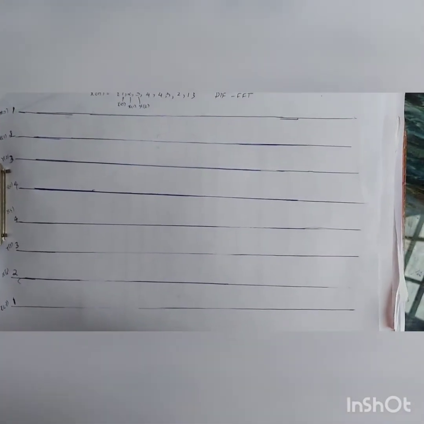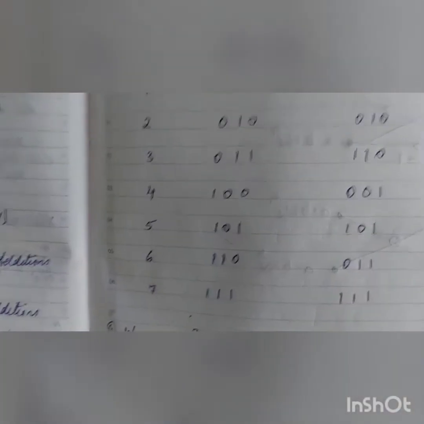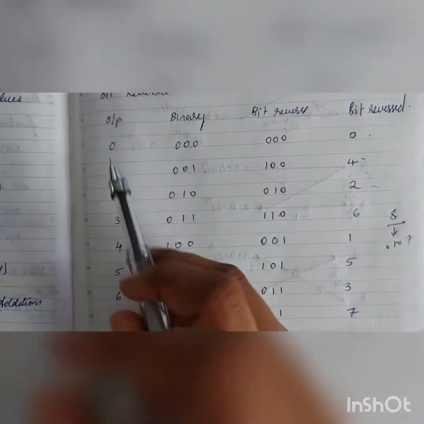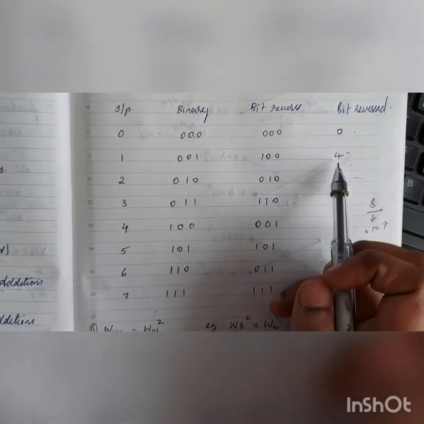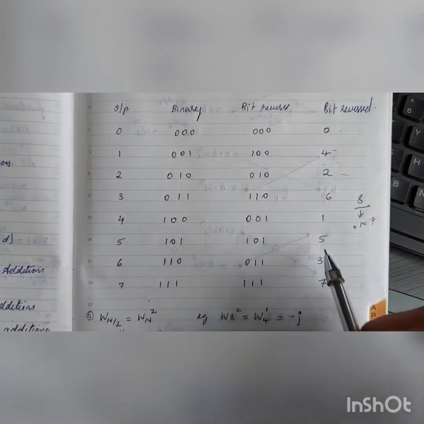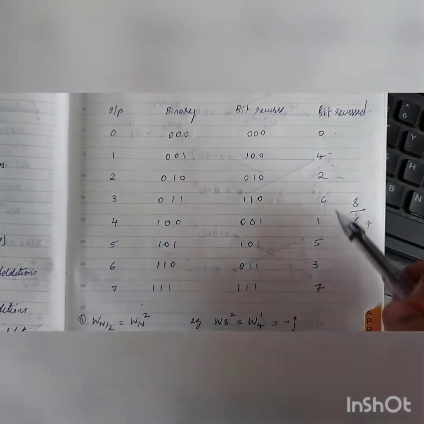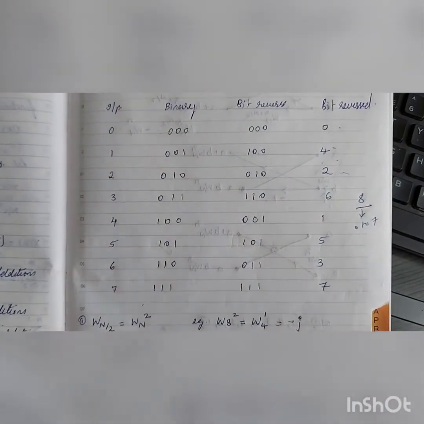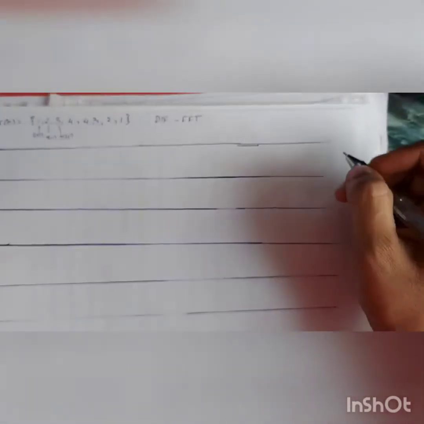If you remember the bit reversed values, how did we get them? This was the bit reversed sequence. For the 0th output you have 0, 4, 2, 6, 1, 5, 3, 7. So the output is going to be in this order. Alright, so let us write that here. Output is going to be in bit reversed order. So what do I get first? First output is going to be capital X of 0.